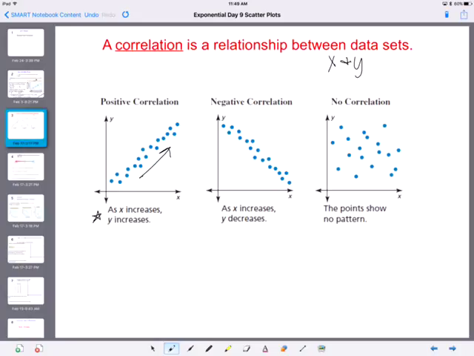A negative correlation, our dots are close together in a decreasing manner. So as x increases, y is decreasing, so they're doing the opposite. The first one, positive correlation, they're doing the same. And last, no correlation, the points show no pattern. So this is scattered everywhere.